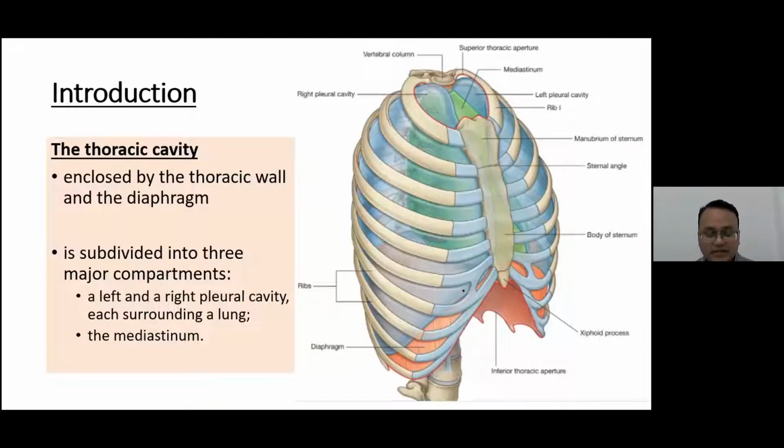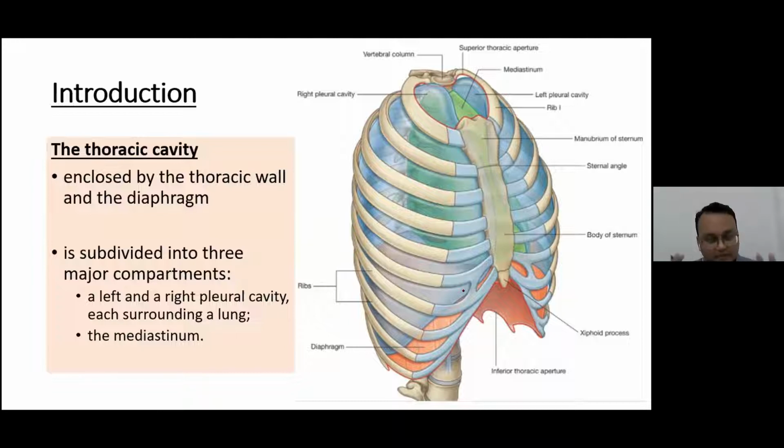Now, so as we mentioned just now, that this is a cylinder, meaning to say that we have a wall, and in the center, well, a cylinder will be hollow in the center, isn't it? Okay, so it forms a cavity internally, right? Of course, it is being filled up by structures, by organs, but the wall itself forms the thoracic cavity.